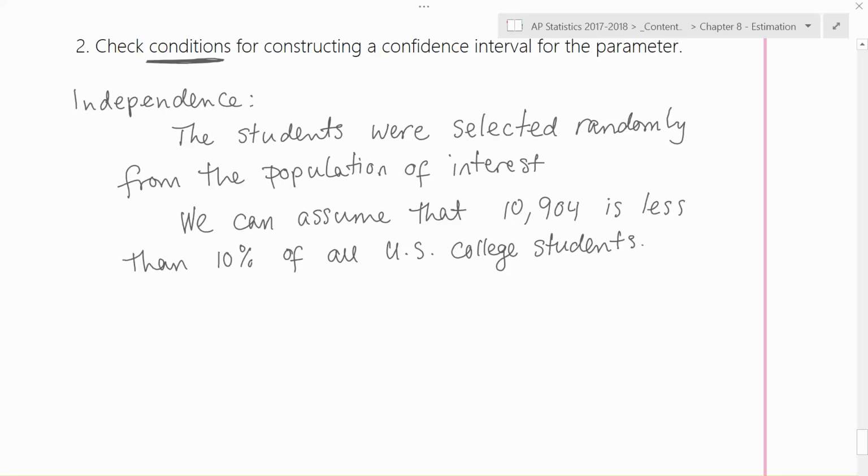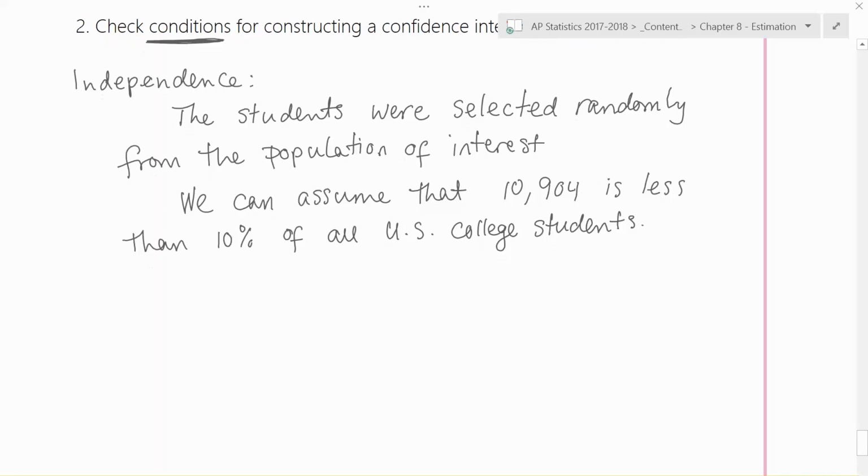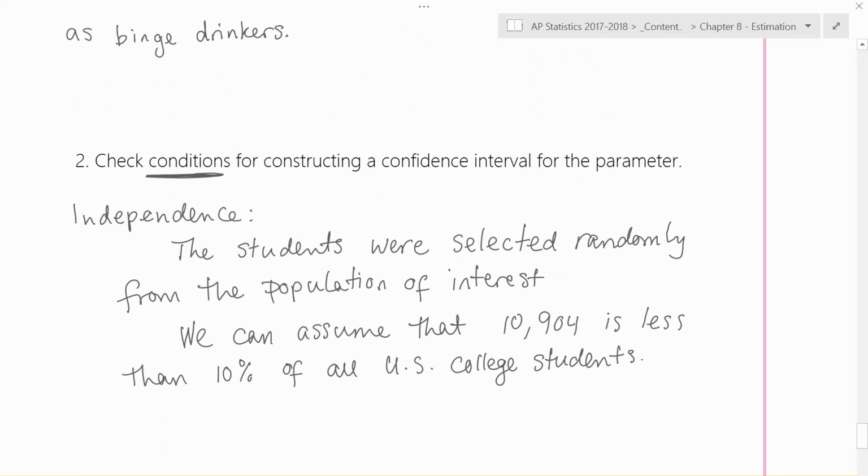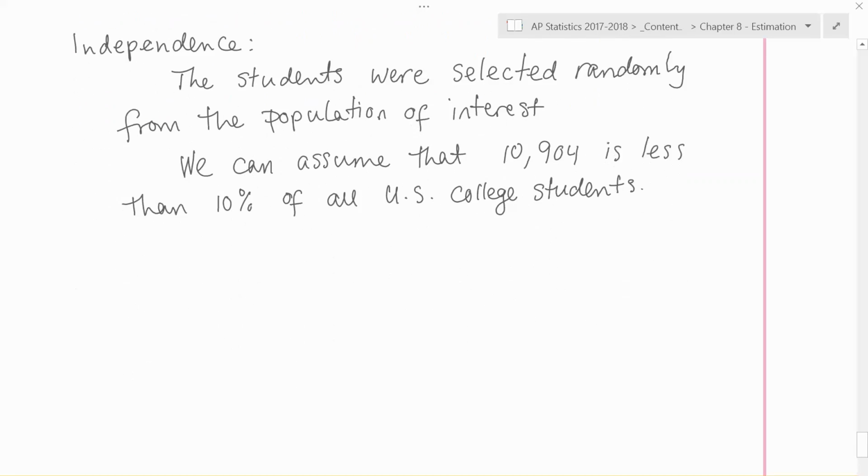So we're not removing too big of a portion out of the population. So basically when we check this condition, we're making sure that removing the sample doesn't change the composition of the population that remains. It's all pretty much the same. And say removing students who are binge drinkers isn't going to change the percentage of binge drinkers who still remain in the population all that much.